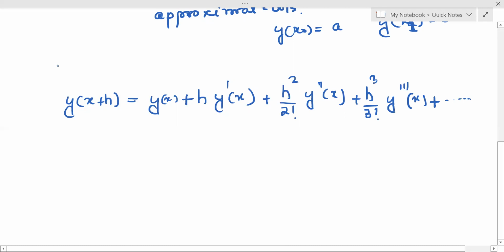Taylor series says this; you apply the Taylor series method.